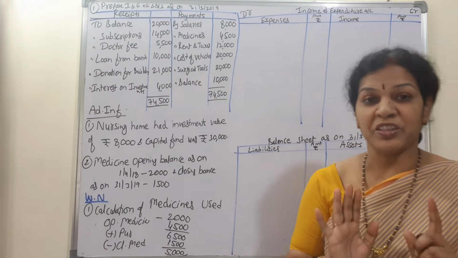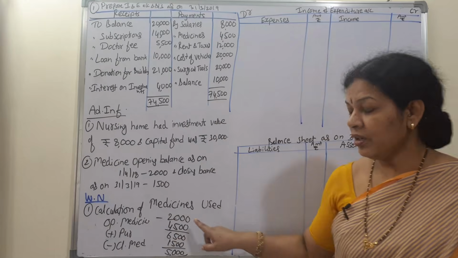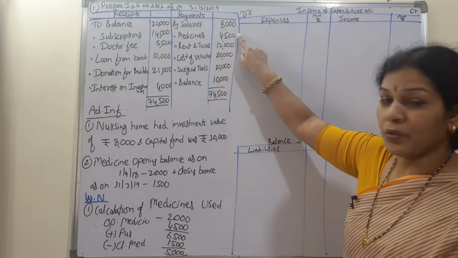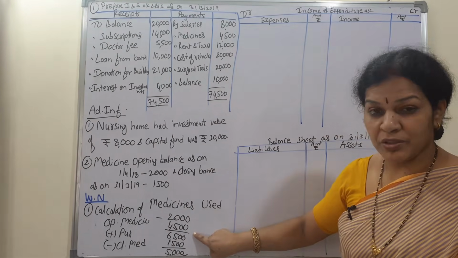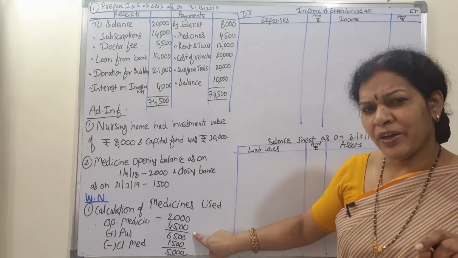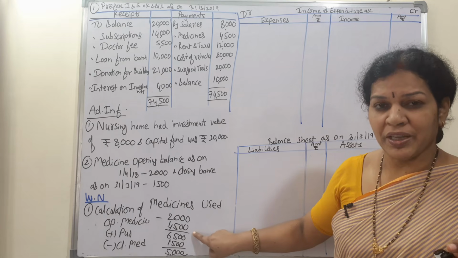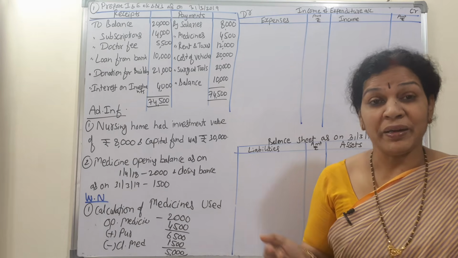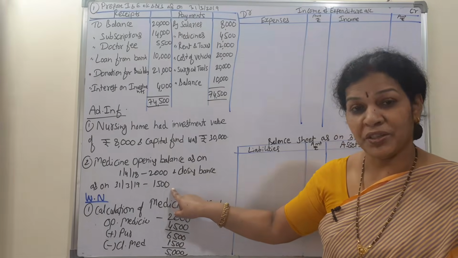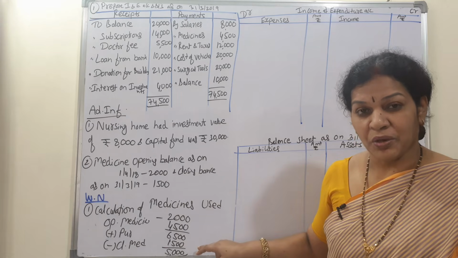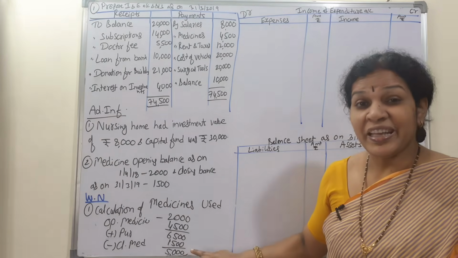Let me explain once again. Total opening medicines plus the 4500 we have purchased together make 6500. But at the end of the year there is only 1500, the closing stock. If we deduct it, we get exactly the medicines used.